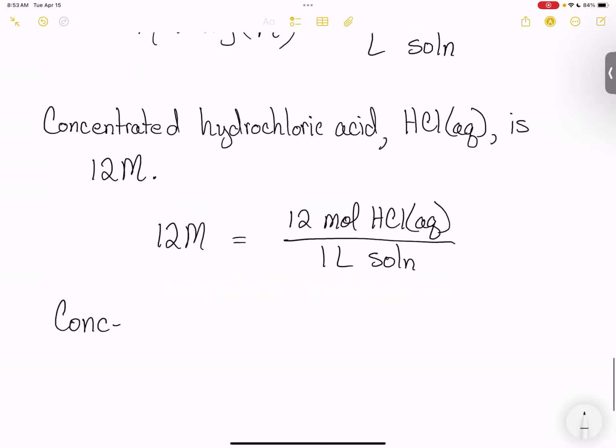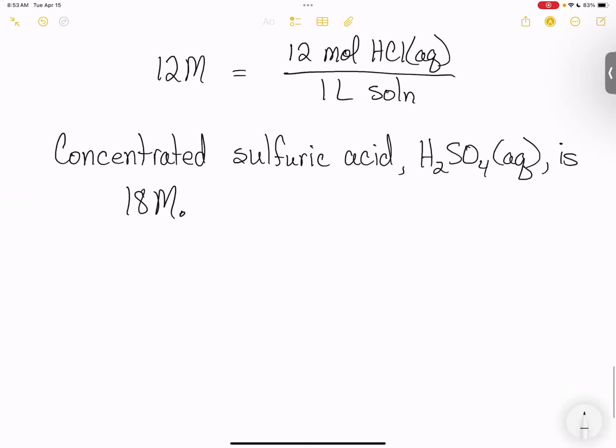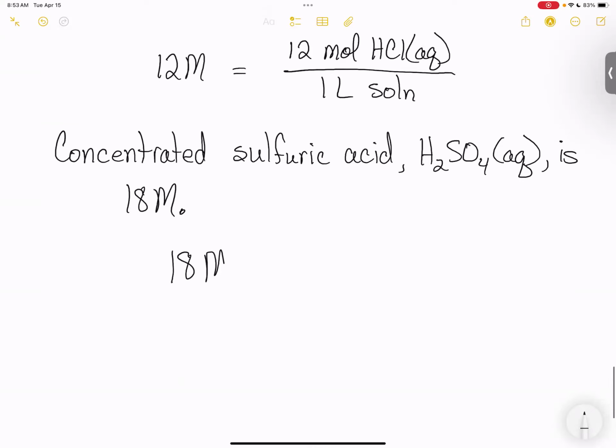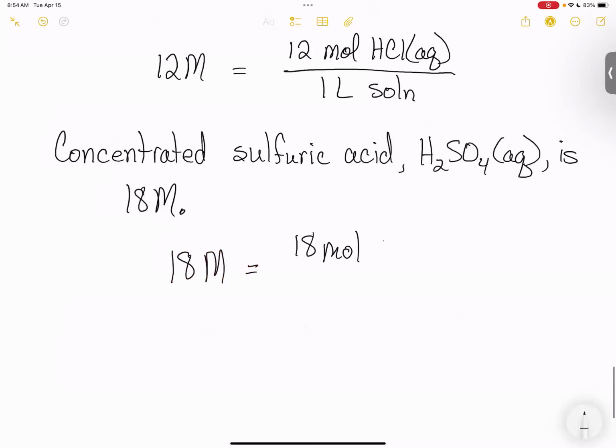Concentrated sulfuric acid, which is H2SO4 aqueous, is 18 molar. What does that mean? Well, if it's 18 molar, it means that it is 18 moles of H2SO4 in 1 liter of solution.